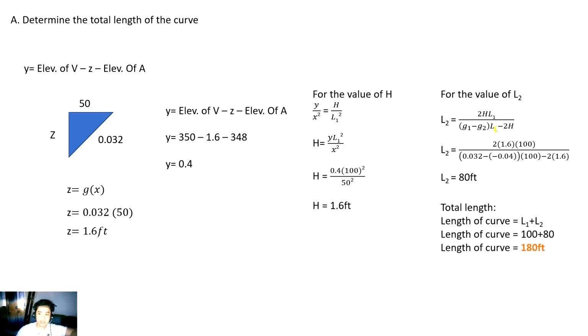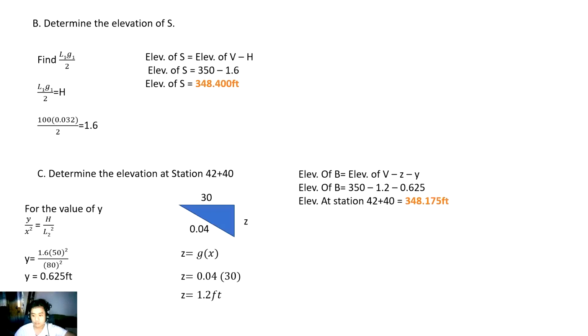Then, times sa 100, which is yung L1, and minus 2 times H, which is 1.6. And makukuha natin yung 80 feet. So, tulad ng ginawa kanina, i-add lang natin yung L1 at L2, then makukuha na natin yung length of curve. So, ang ating length of curve ay 180 feet.